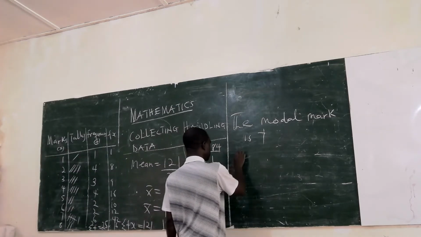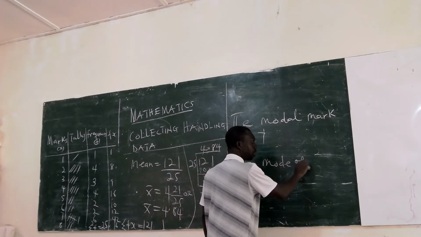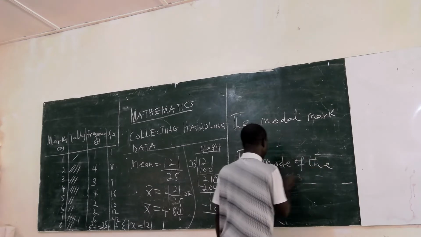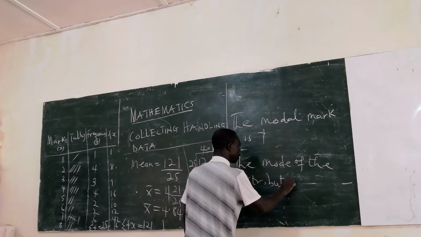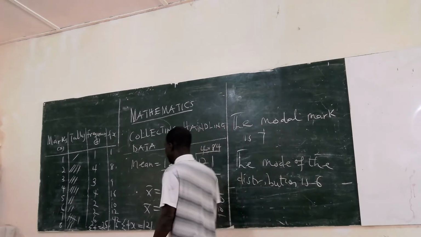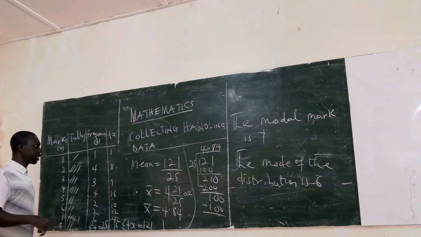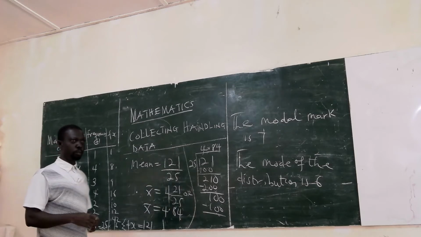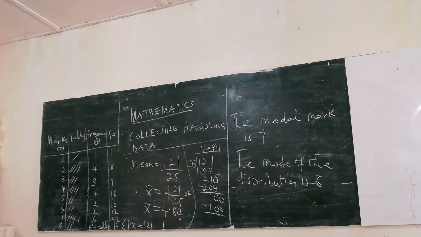The mode of the distribution is 6. At the same time, there is another question asking you to use the table to find the median mark. The median mark is equal to total frequency divided by 2.